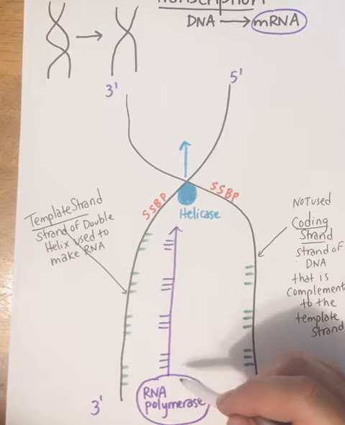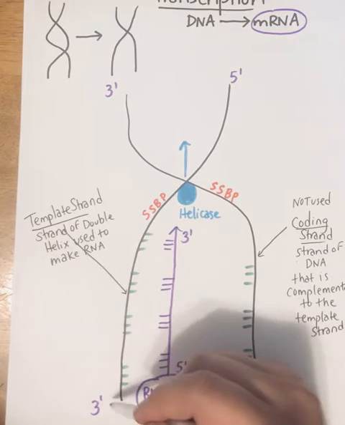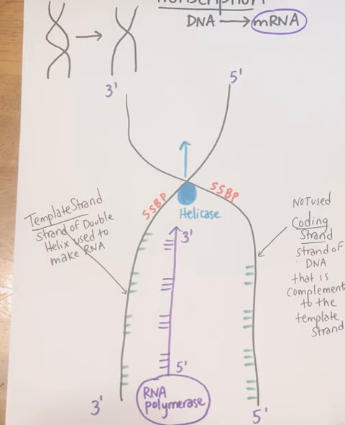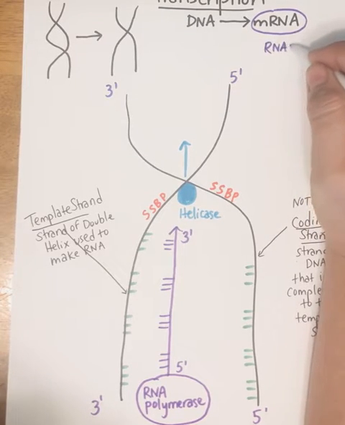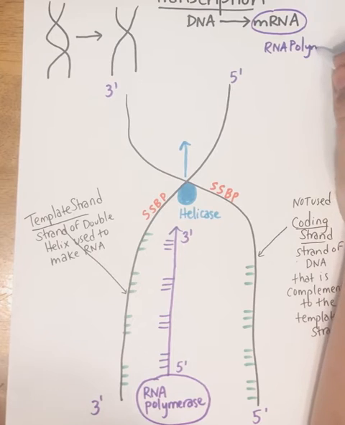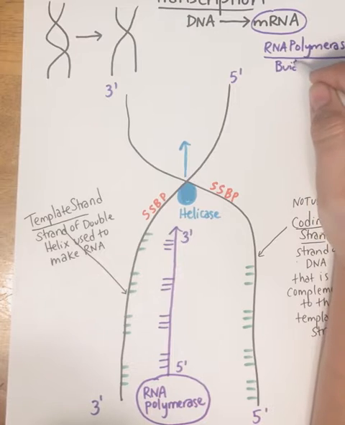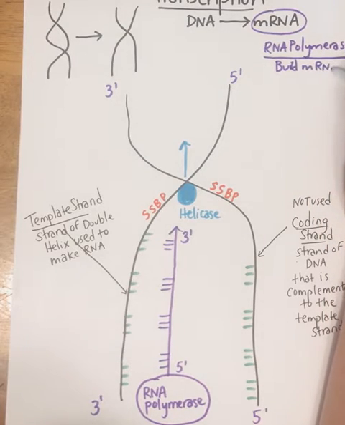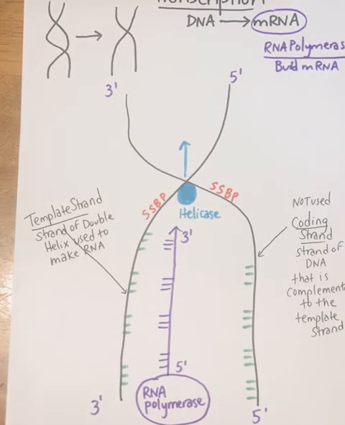And it builds mRNA from 5' to 3' so that it is opposite of the side that it is copying. So, RNA polymerase 1 would make rRNA. So this would be RNA polymerase 2 is going to build mRNA. So it looks a lot like replication. However, we only use one side.